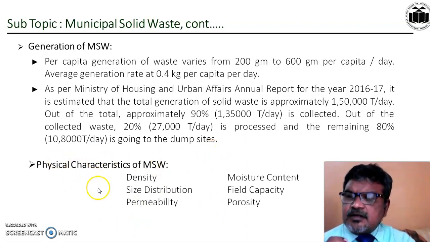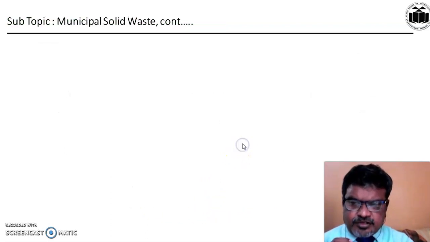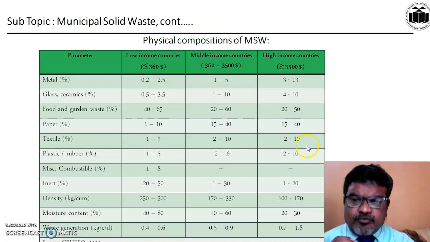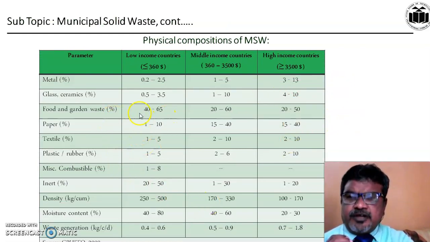Now let us know physical characteristics of municipal solid waste. There are 6 physical characteristics: density, moisture content, size distribution, field capacity, permeability and porosity. Similarly, we have to study about the physical composition of solid waste.